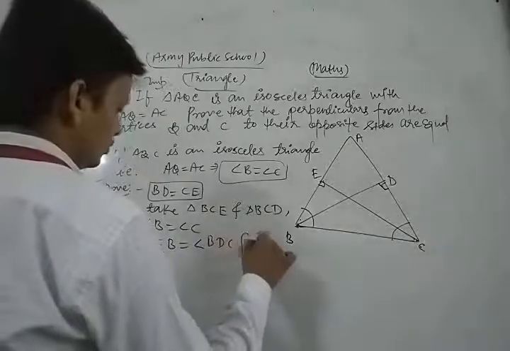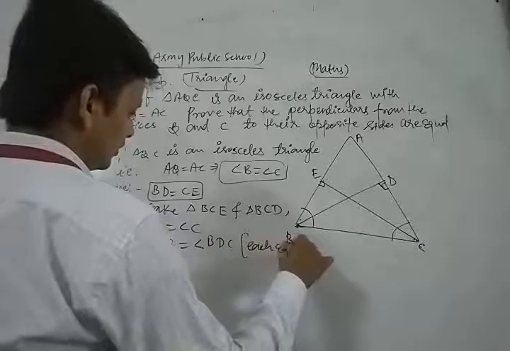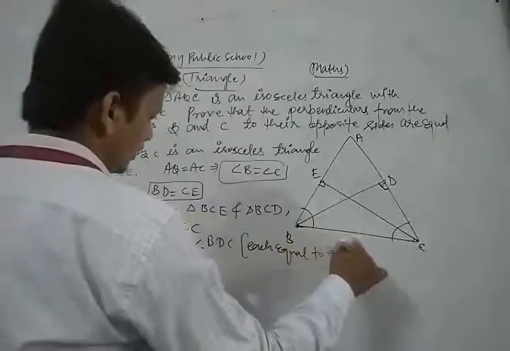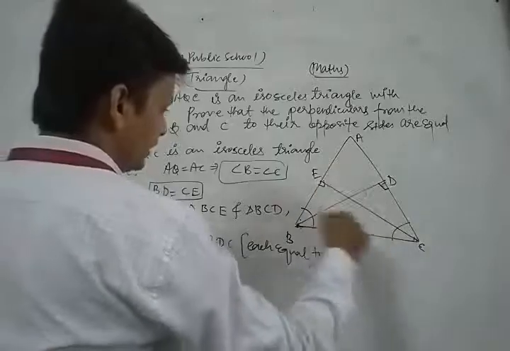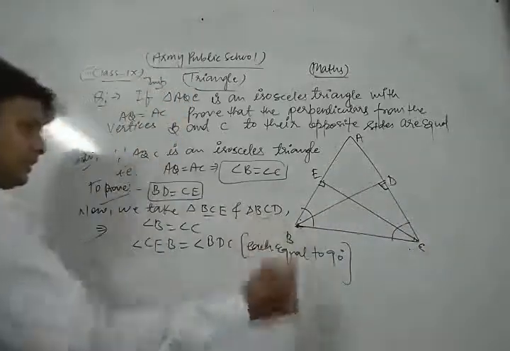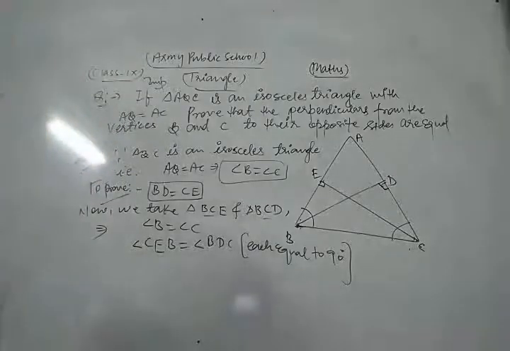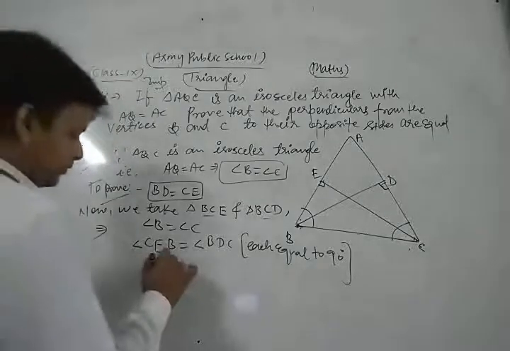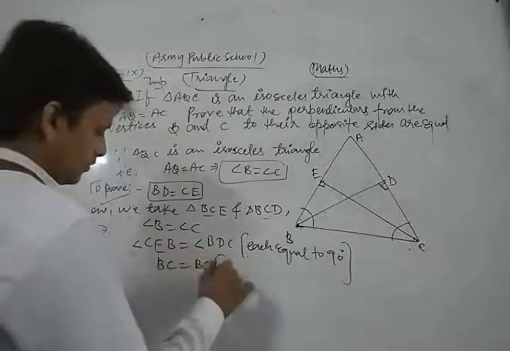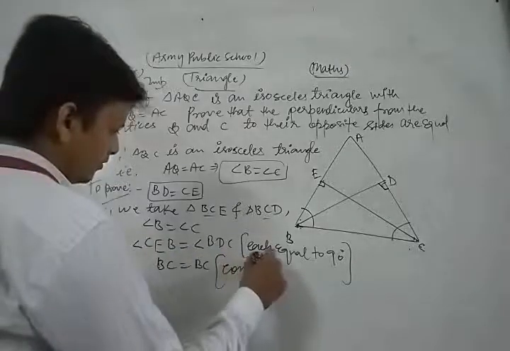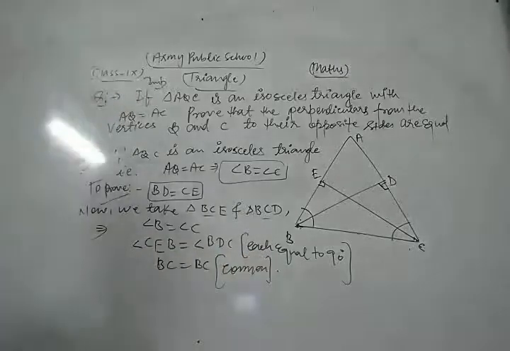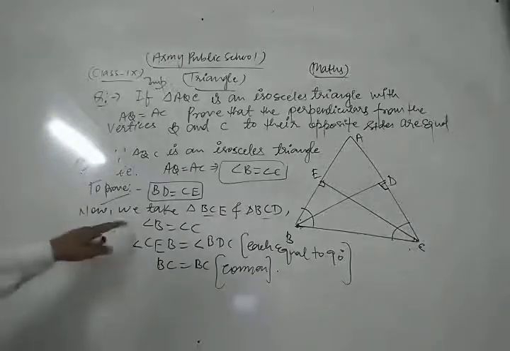This is each equal to 90 degrees. And in triangles BCE and BCD, BC is common. BC is the common side. Thus, by which congruence criterion?